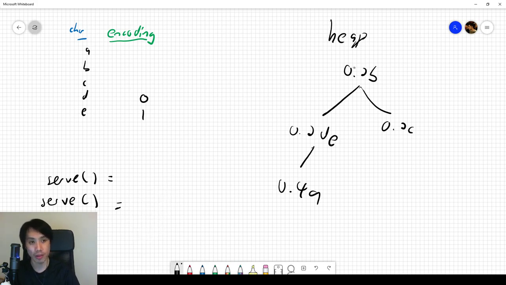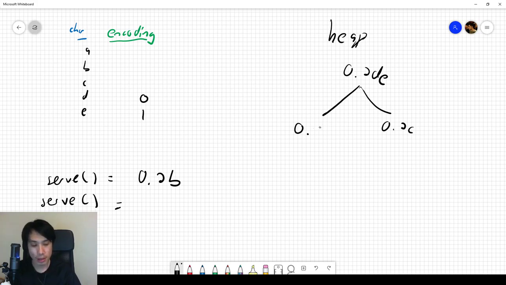I'm going to serve. So the first serve will be 0.2B, so it will be 0.4A, it disappears. Then I'm going to sink, so it will be 0.2GE, and it will be 0.4A, right? Wrong.